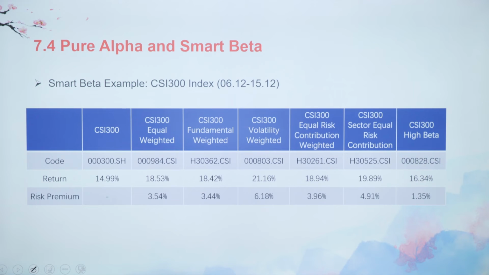So all the smart beta strategies have a higher annualized return than the CSI 300. So let's have a look. The risk premium is always positive compared with CSI 300. In other words, our smart beta strategy will help you to earn an active return.